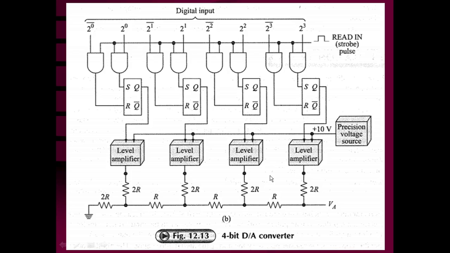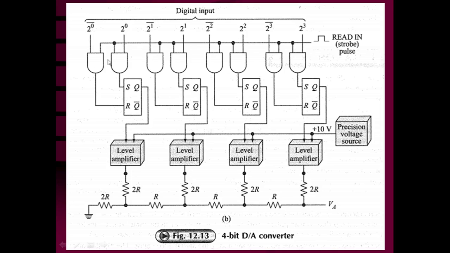Prior to this resistive network and shift register, that is the flip-flop, level amplifiers are there, and you can see that before the shift register or flip-flop, a gating circuit is required. Here from the left-hand side, you can see that the LSB is going to be there.